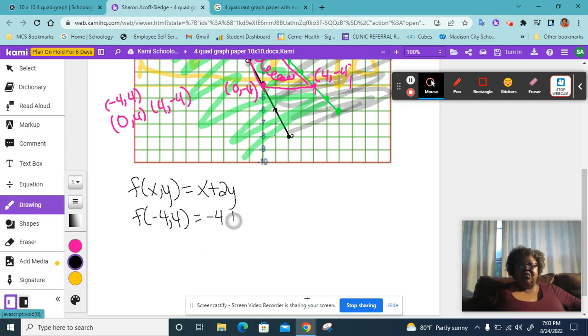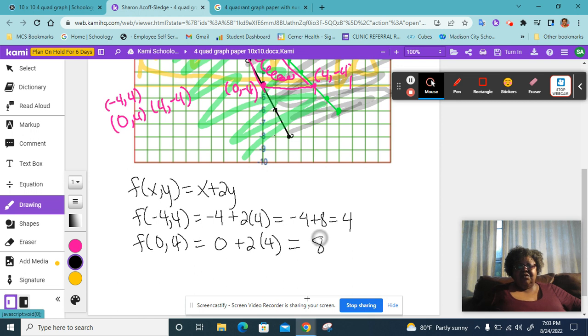This is -4 plus 2 times 4, and that's -4 plus 8, and that is 4. If I plug in 0, 4, f of 0, 4, x is 0 plus 2 times 4. That's equal to 8. 0 plus 8.